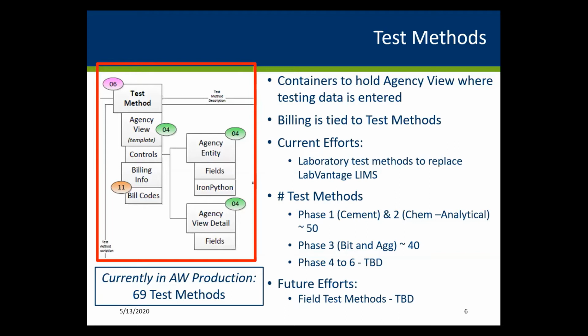And we don't have a set number on phases 4 to 6 or even any of the field test methods that are still going to need to be developed. So we have ideas, we have lists, we don't have anything that has been completely firmed up and defined. Once again, to give you a scope, currently in AASHTOWare production, there are 69 test methods that are in existence.